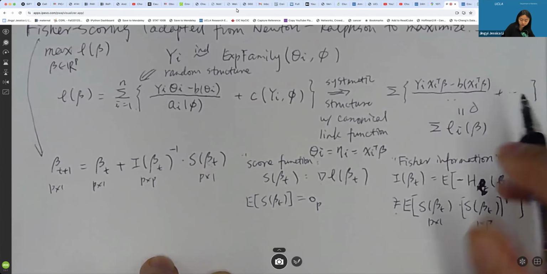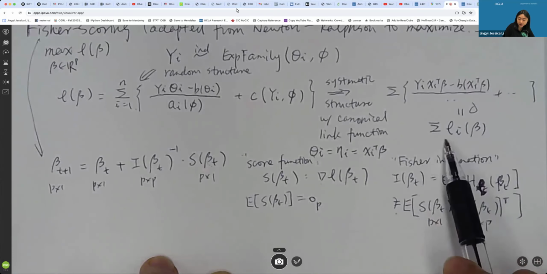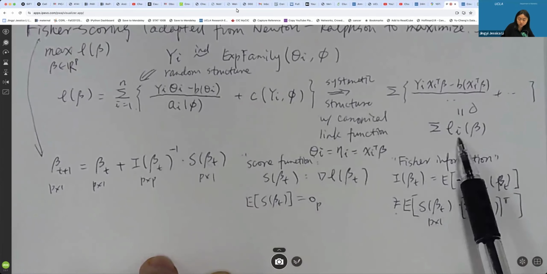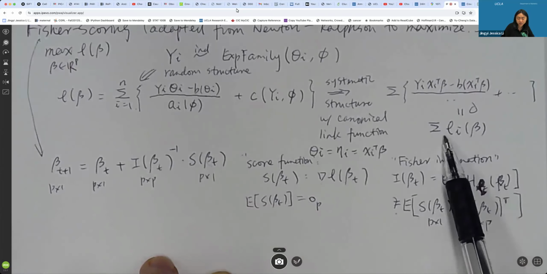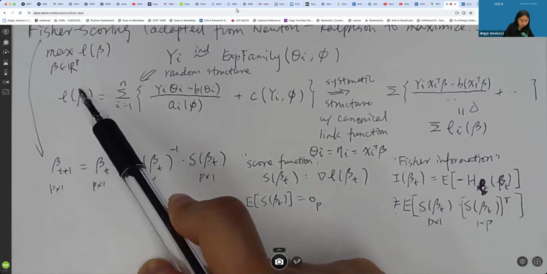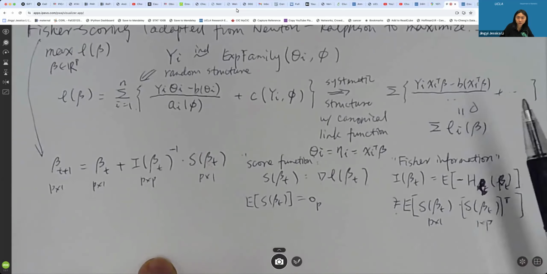In the summation, I call every term Li, the term contributed by the ith observation to my log likelihood. I want to make sure everyone is on the same page about notation before we move on. So we write L equals the summation of Li, and Li is also a function of beta.